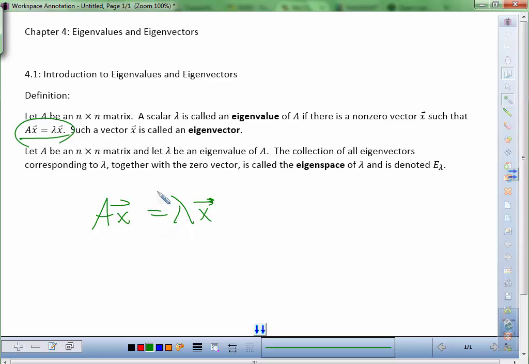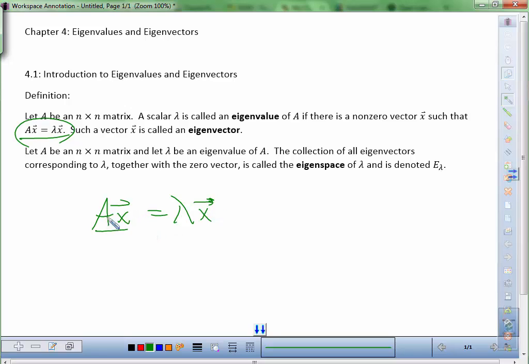A scalar is something that scales a vector. This operation, we can look at it as a matrix multiplication, but it's really a matrix being applied to a vector. And what that means is that when you apply the matrix to that particular vector, all you're going to do is scale that vector.